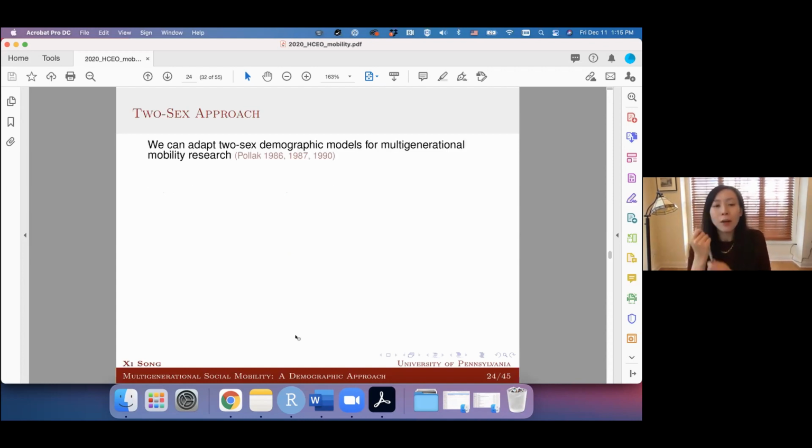There are many different two-sex models that have been proposed by demographers, biologists, evolutionary geneticists, as well as ecologists. For today, I'm going to show you what I adapted from Robert Pollak, because he's an economist, and his work on two-sex demographic models.